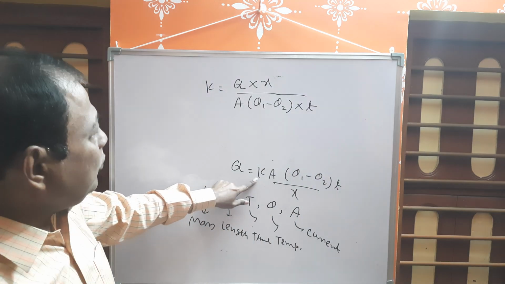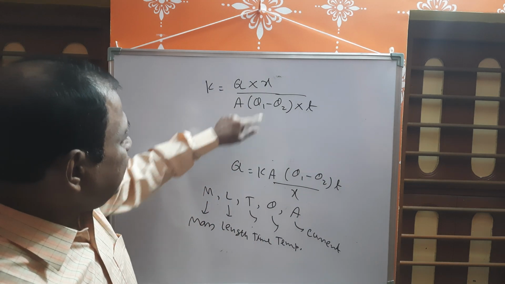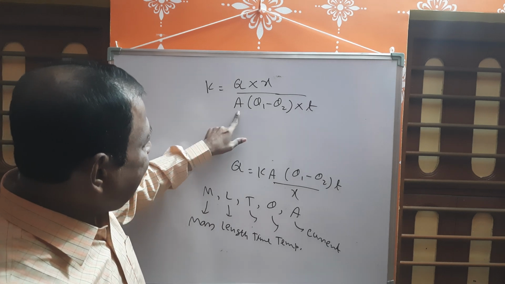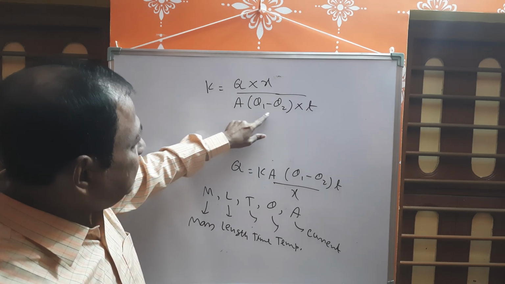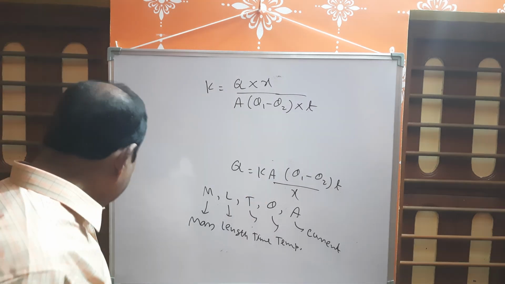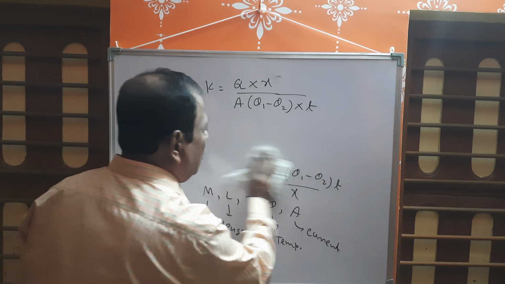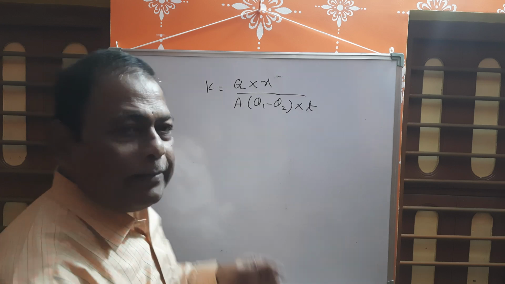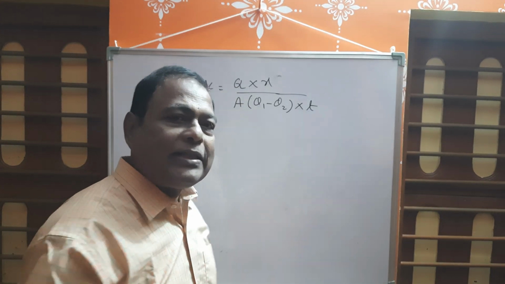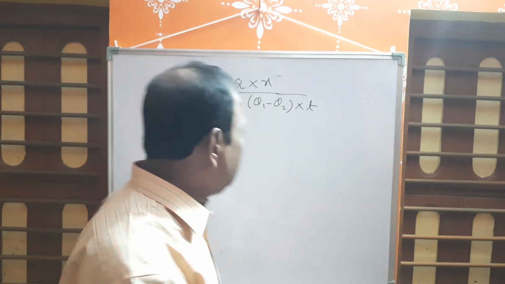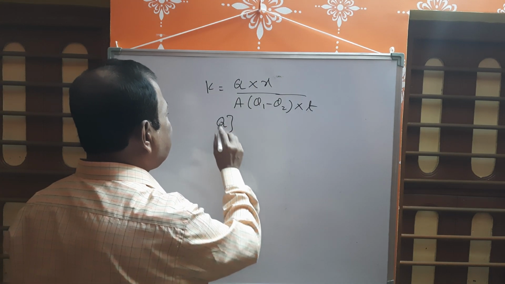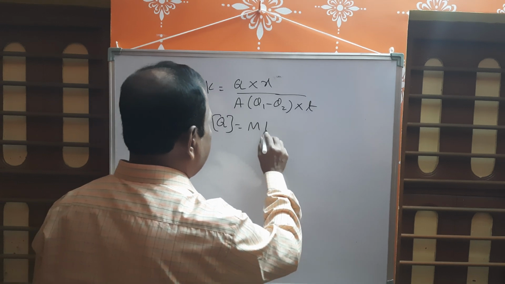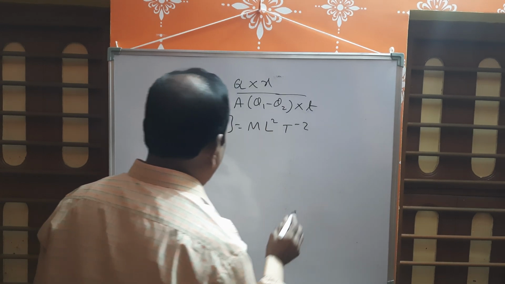Now tell me, what is the dimension of Q? Q is nothing but heat energy. What is the dimension of energy? M L square T to the power minus 2. So the dimension of heat energy is M L square T to the power minus 2.